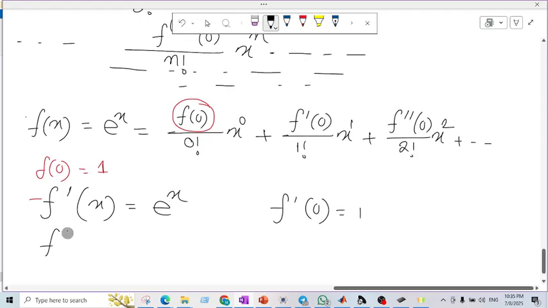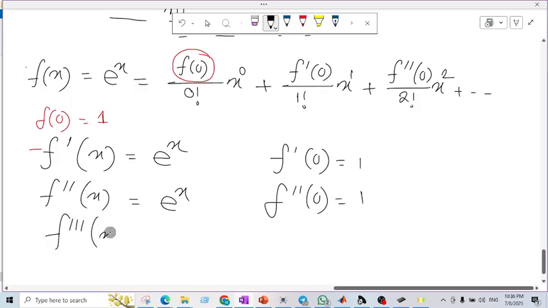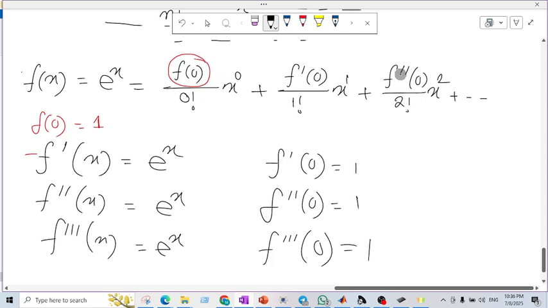Then if I again differentiate it, I will get again e to the power x, and if I put the value of x here, I will get 1. If I again differentiate it, I will get e to the power x, and if I put x is equal to 0, I will get 1. That means all these things are equal to 1.